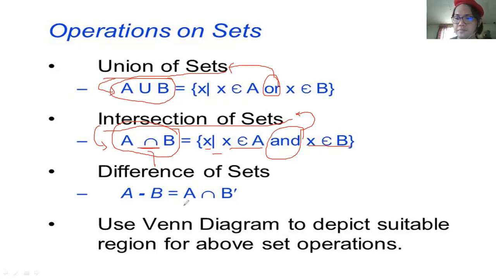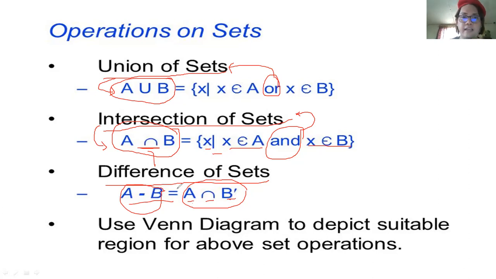So now let's proceed. Another thing is the difference of sets. When we say difference of sets, A minus B means A intersection of the B complement. That's the notation, or the other form of the difference of sets when we have a difference of A and B, or A minus B. So when you have A minus B, that can be illustrated in another form of notation, which is A intersection of B complement.